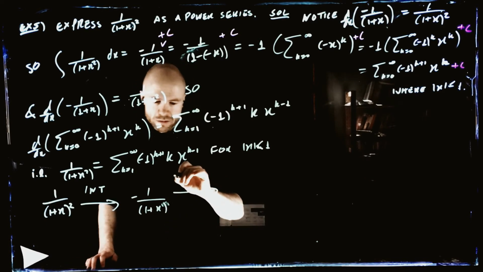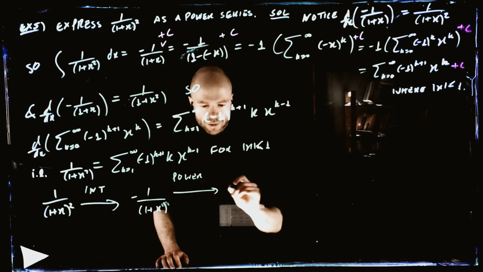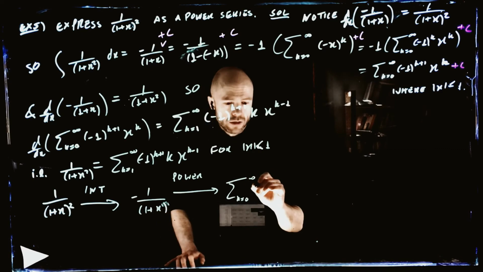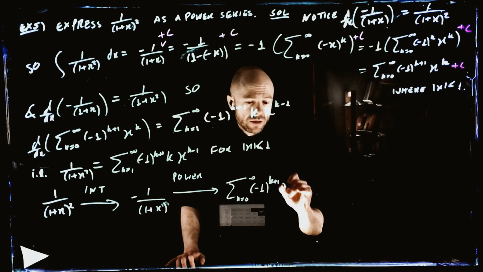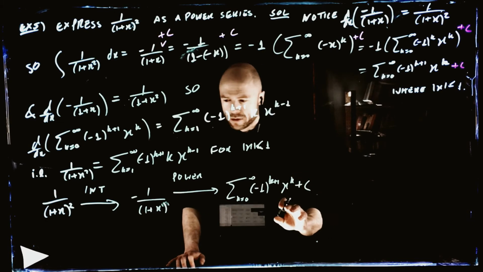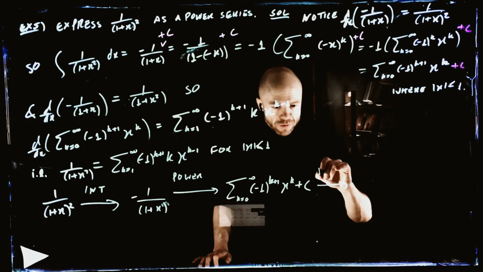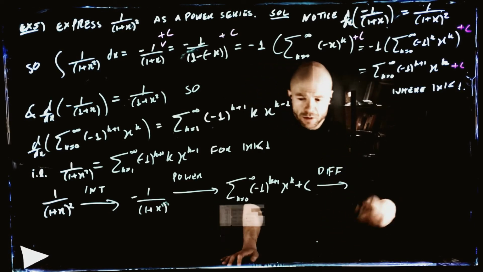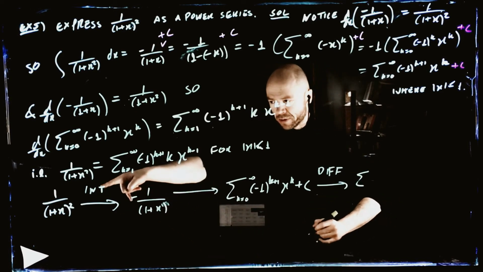So then power series, which was this expression right here. The sum from k equals 0 to infinity of minus 1 to the k plus 1, x to the k, plus constant c. And then once we have a power series, we can differentiate to get back to where we were before, representing this initial function.